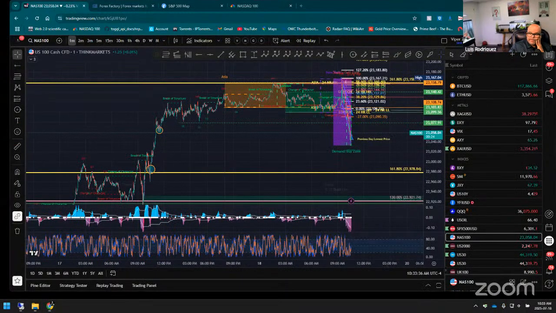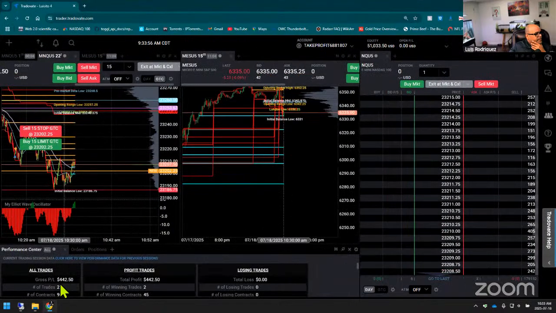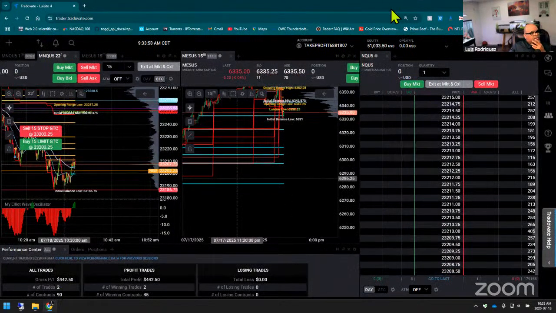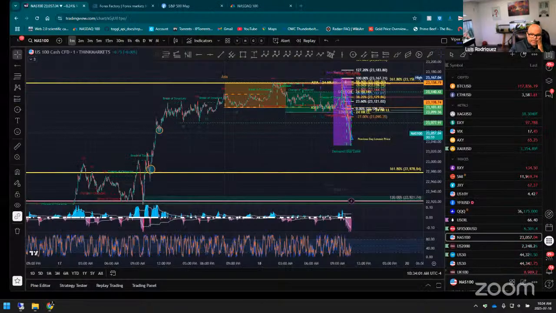All that fun stuff is happening in the back. Oh, sorry. I think this is it. So $442, two trades that I opened. Now I gotta wait for the next opportunity. But that's how easy we make money, familia. Easy breezy.